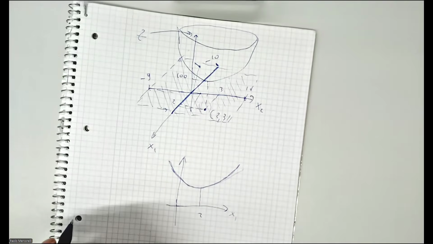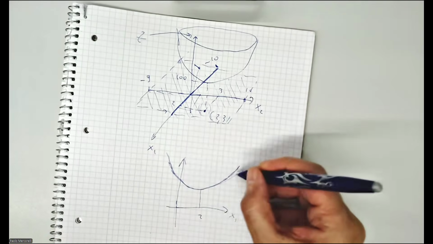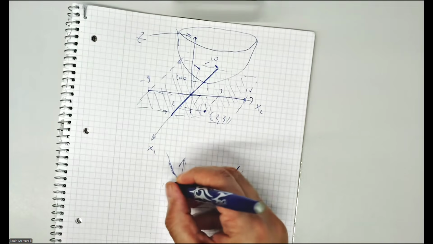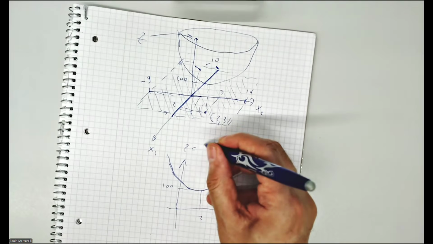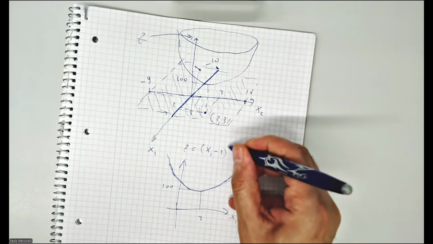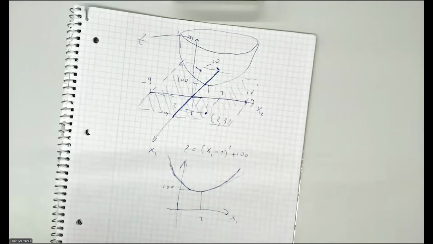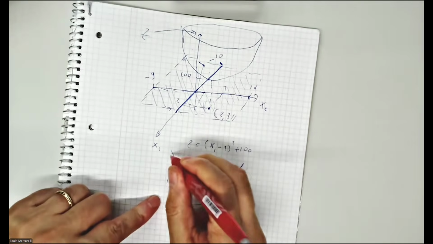Ideally it is a function which looks like a parabola, remember. 100, and the parabola here is z equals (x1 minus 2) squared plus 100. But of course, in our numerical representation, it's not exactly so, but something like that.